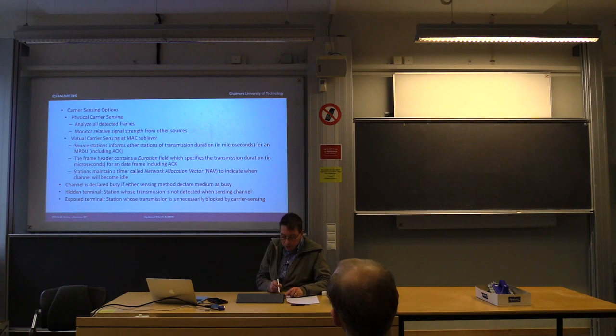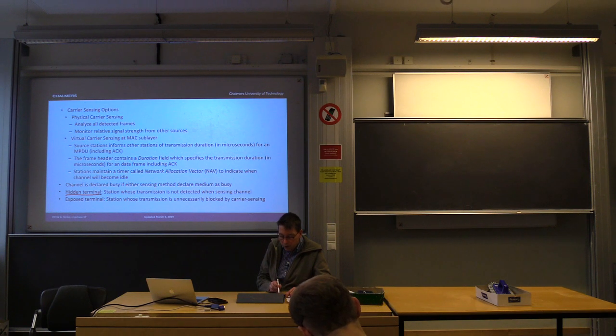Two big problems in CSMA with collision avoidance are the hidden terminal problem and the exposed terminal problem. Hidden terminal means that a station that transmits is not necessarily heard by everyone.